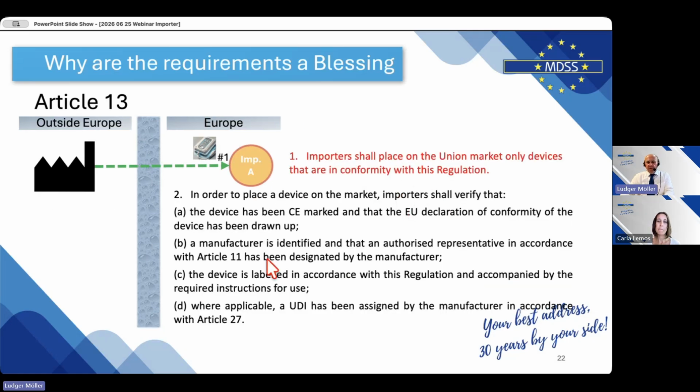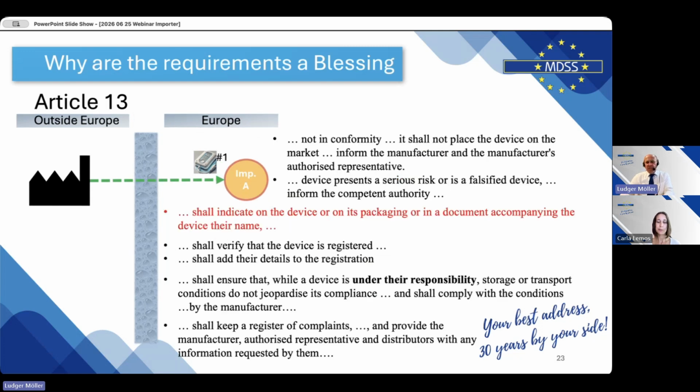And here are the importer requirements repeated. If you go through them, they make common sense, which is being mentioned very often: shall indicate on the device or on its packaging or in a document accompanying the device their name, address, etc. So it does not need to be on the label, and it does not need to be done at the manufacturing site. It blew me away when the first question came. Our notified body auditor asked us, when are we going to put the name of the importer on the product, because that's a requirement.